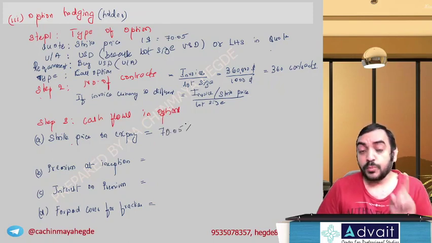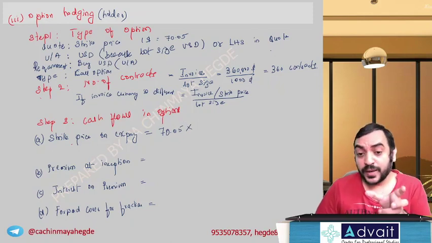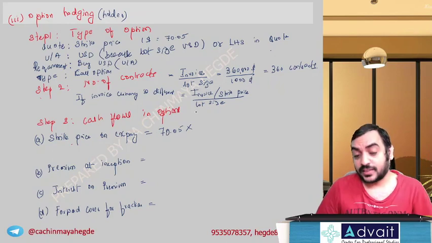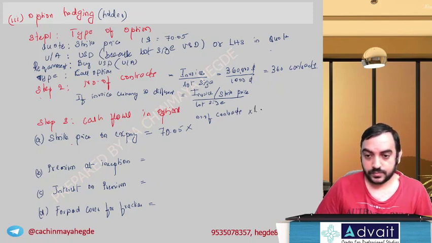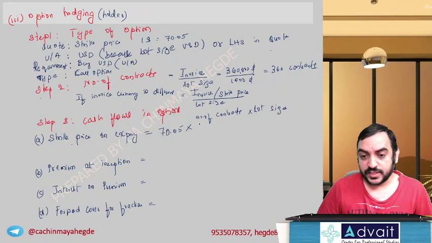Don't multiply it by the invoice amount, because a round off can be there. So what do you do? Multiply it by the number of contracts and lot size. The number of contracts is 360, lot size is thousand.